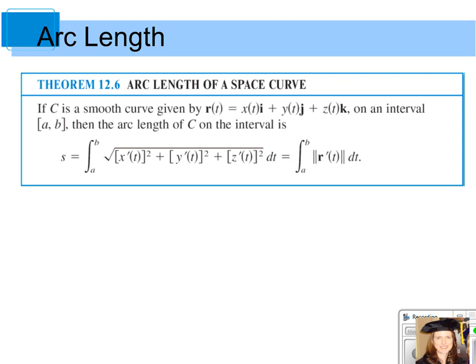That's a lowercase s equals a definite integral from a to b of the square root of the quantity x prime of t squared plus y prime of t squared plus z prime of t squared dt. That is equal to the definite integral from a to b of the magnitude of r prime of t dt.